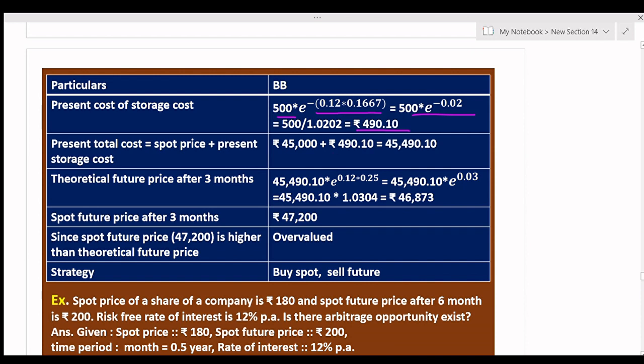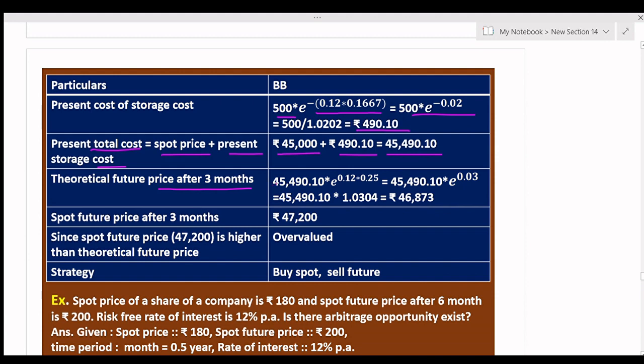Now the total cost is the spot price plus the present storage cost, that is 45,000 for the lot size of 500, plus rupees 490.10, that comes to rupees 45,490.10. Now you find out the theoretical price or fair price after 3 months.